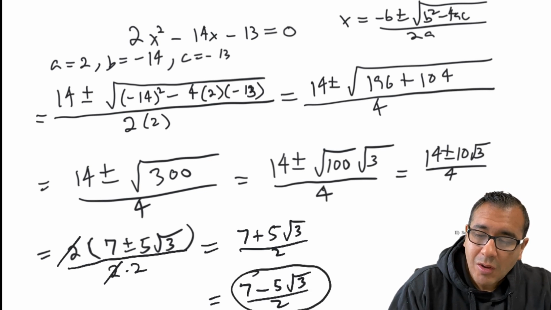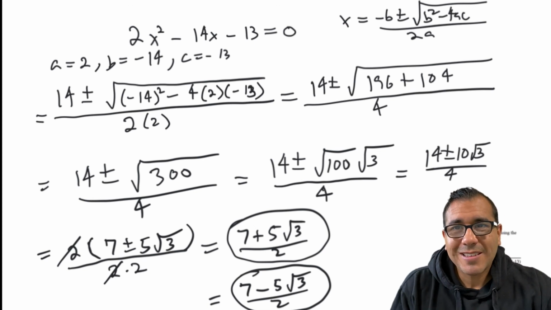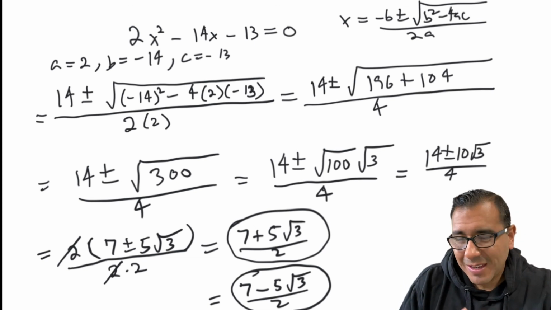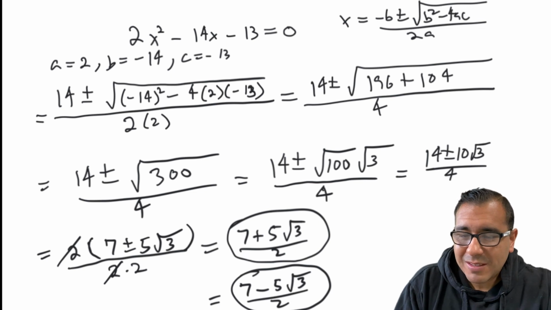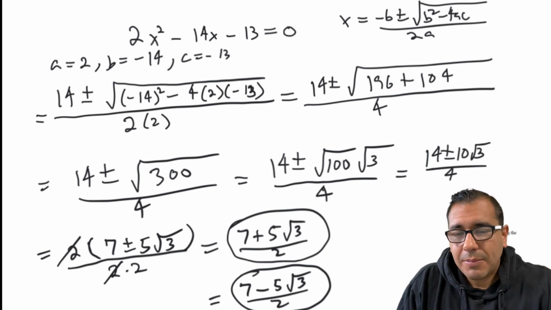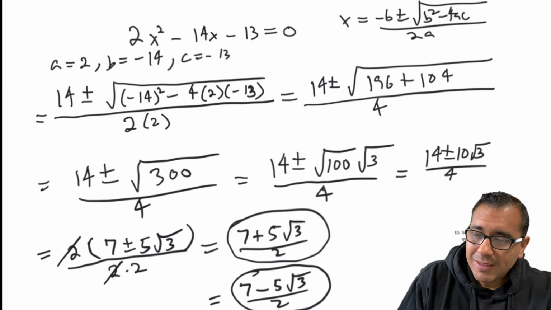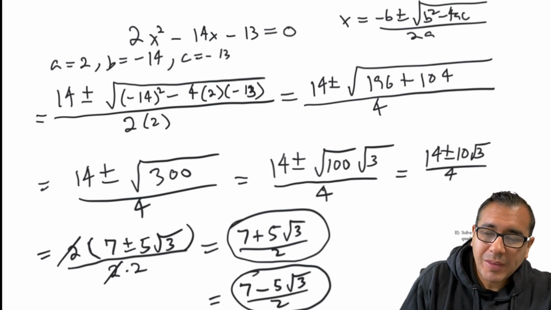So these represent our 2 solutions, right? These were not as nice as the last one. And again, what this means is if I plug this into my calculator, it's gonna give me a decimal. And that's okay, because in real life, you don't always have these nice numbers. So this is something we should expect.